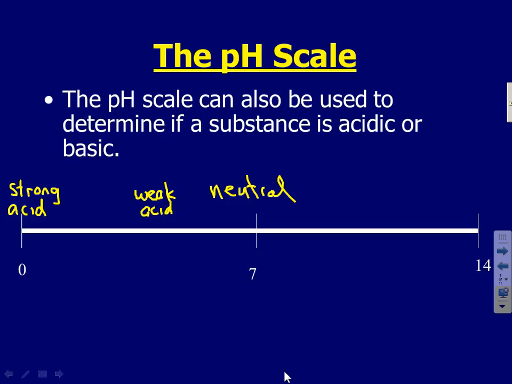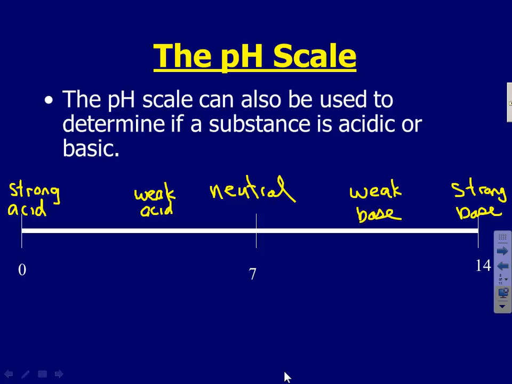And I think we can probably make a guess at what's happening on the other side. Logan, other side, what do you think's happening way up at 14? Bases. Strong bases. Or just put strong base. And in the middle here, weak base. All right?